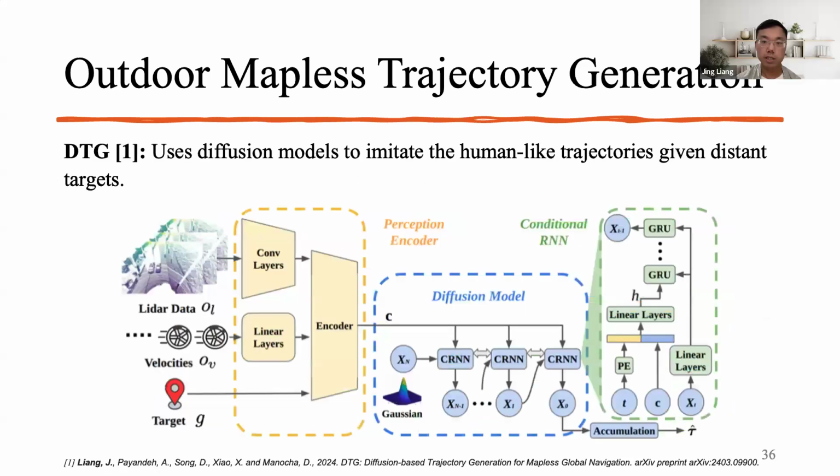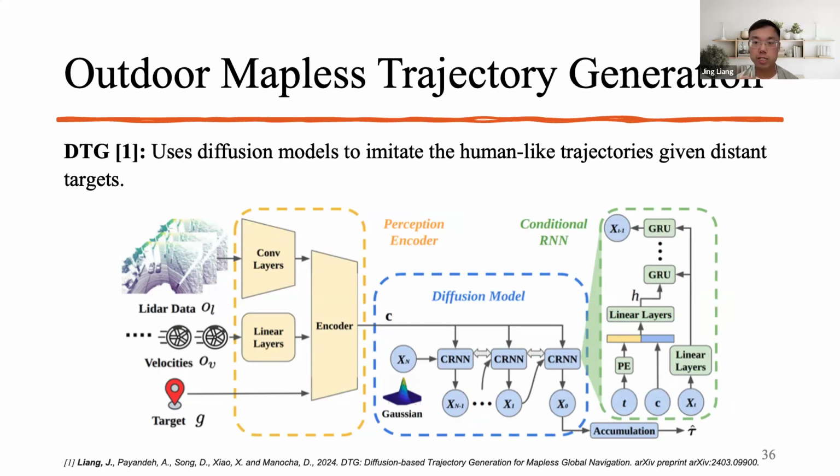As we discussed, ChatGPT is not stable and takes too much time in trajectory selection. So in DTG, we use diffusion models to imitate human-like trajectories. The perception encoder is the same as MTG.